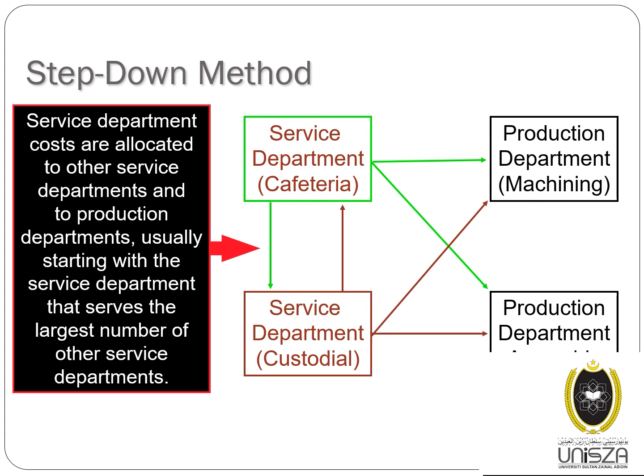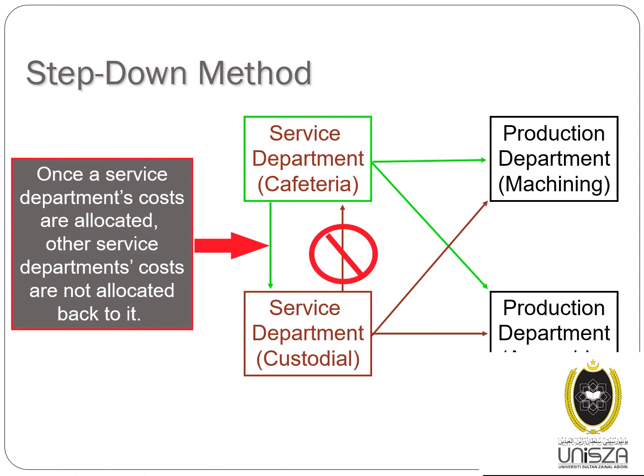So the departments are ordered in this manner, with the last service department being the one that serves the smallest number of other service departments. Then the accountant allocates each service department's cost among the custodial and all of the other service departments that follow it in sequence.